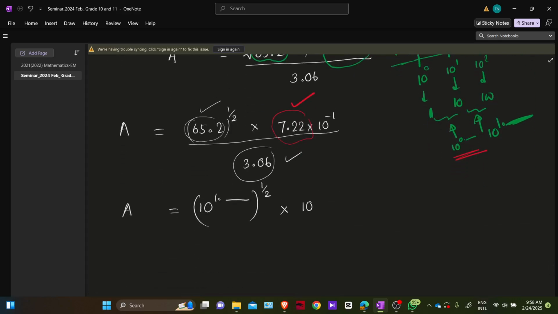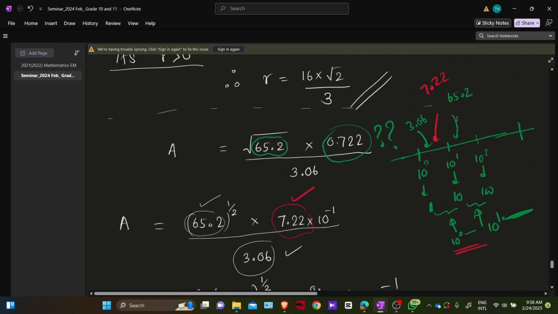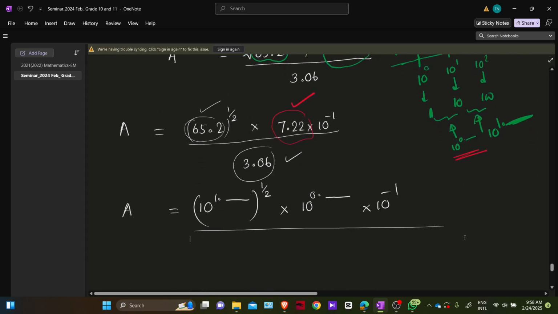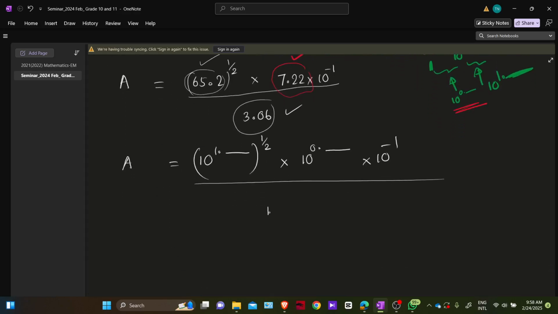That is 10 to the index 0 point something into 10 to the index negative 1. 3.06 is somewhere here, which means that will be 10 to the index 0 point something. Right? Okay. Now let's find out these digits.